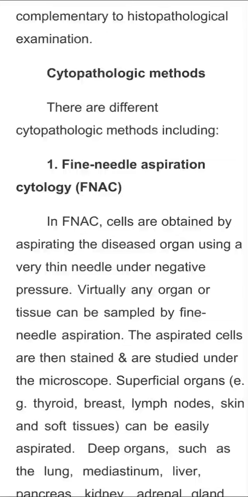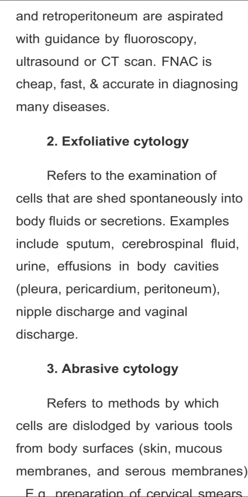Superficial organs like thyroid, breast, lymph node, skin and soft tissues can be easily aspirated. Deep organs such as lung, mediastinum, liver, pancreas, kidney, adrenal gland and retroperitoneum are aspirated with guidance by fluoroscopy, ultrasound or CT scan. Fine needle aspiration cytology is cheap, fast and accurate in diagnosing many diseases.